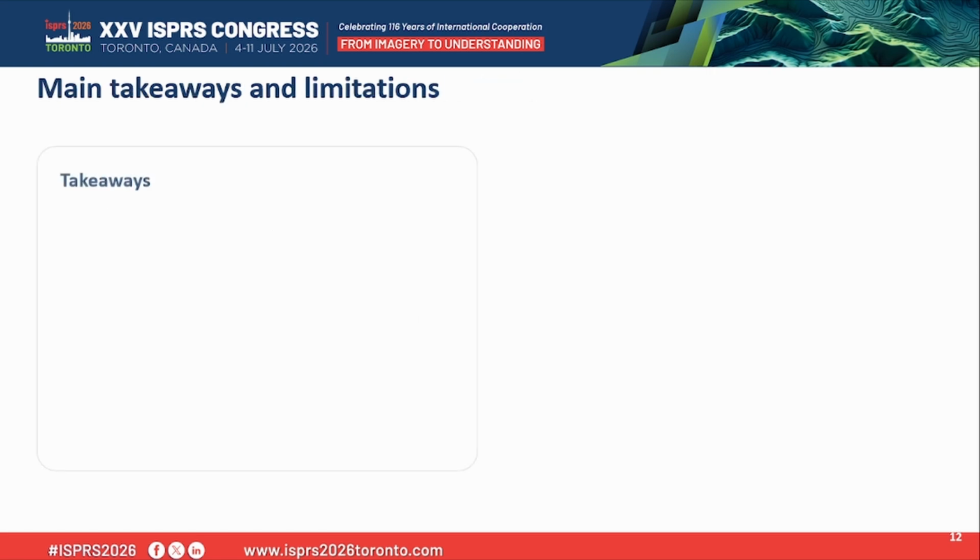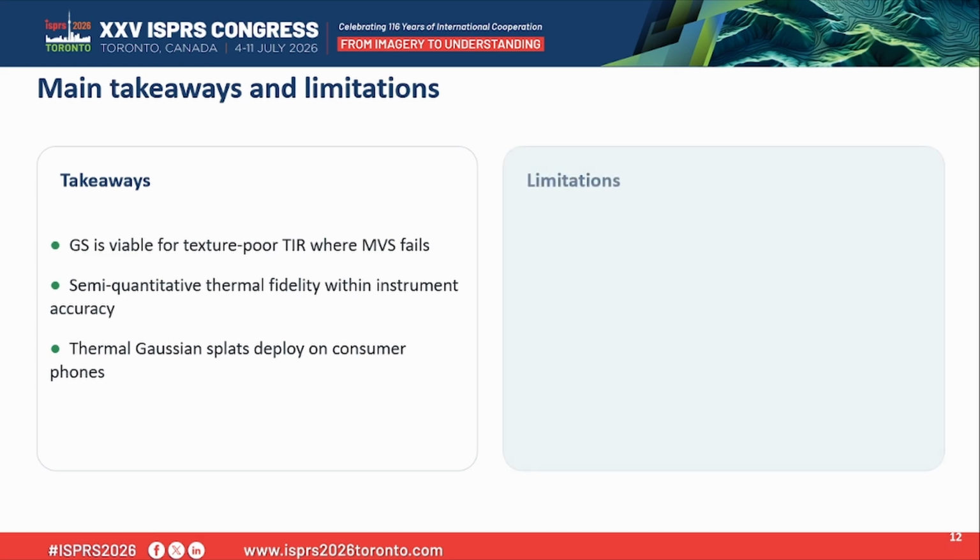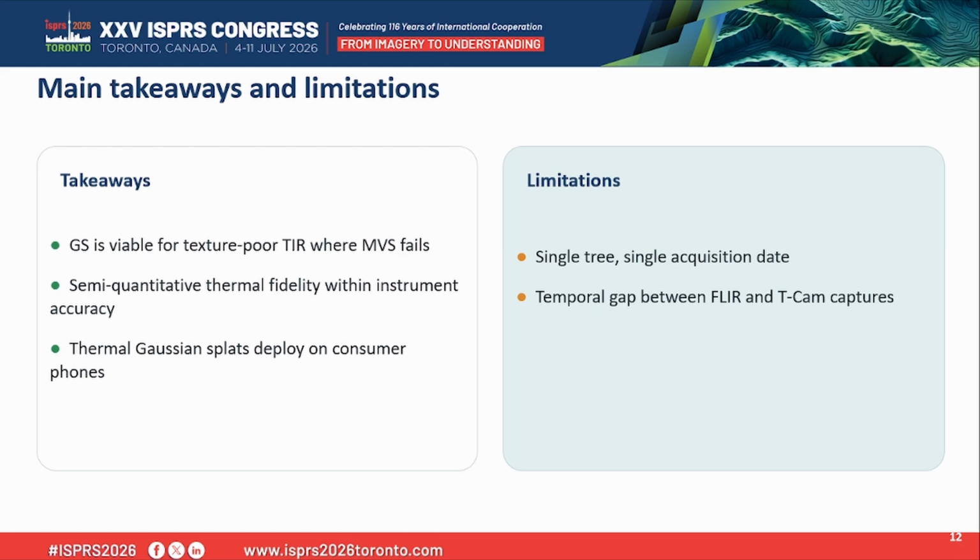So the main takeaways and the limitations are that Gaussian splatting is viable for thermal support where MBS fails. We had a proposal of semi-quantitative thermal fidelity within instrument accuracy, and the thermal Gaussian splats can be deployable on consumer phones. The limitations are that we had achieved and used a single tree acquisition date.